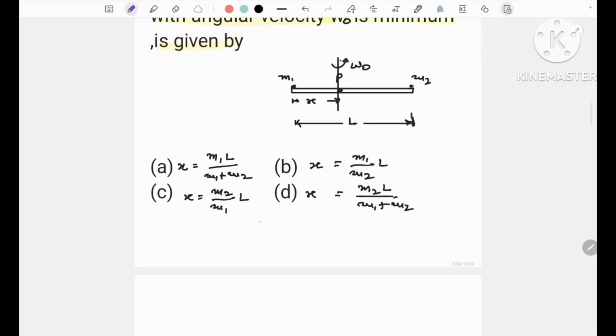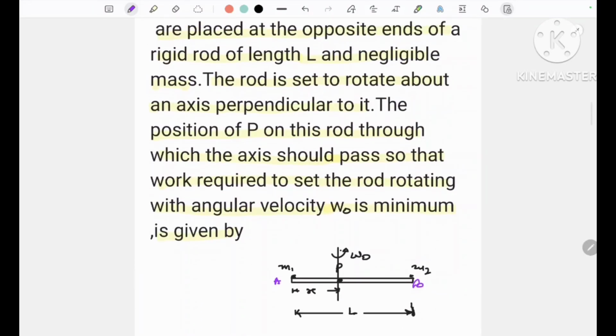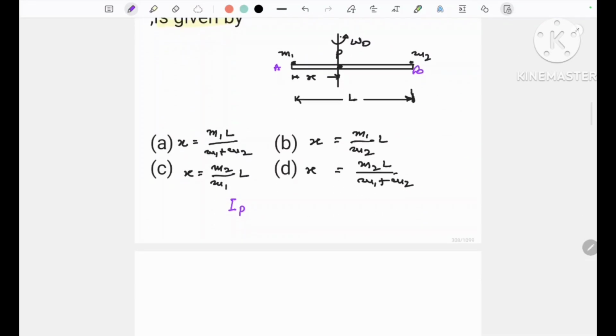Moment of inertia about point P and perpendicular to this AB rod will be m1 x square plus m2 (L minus x) square.